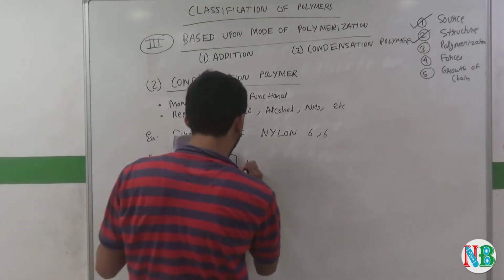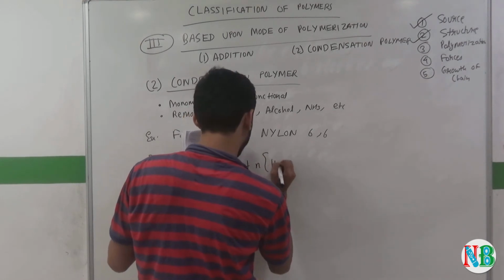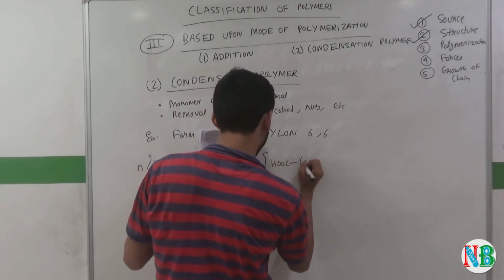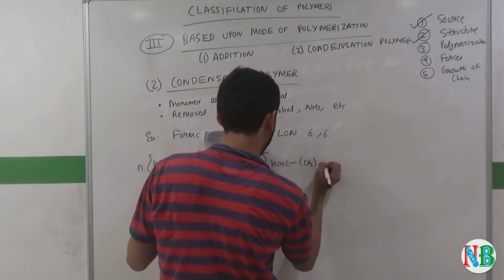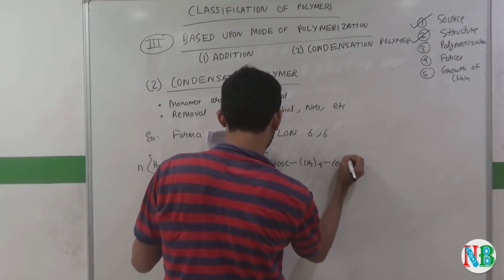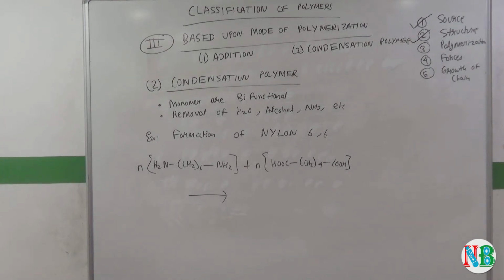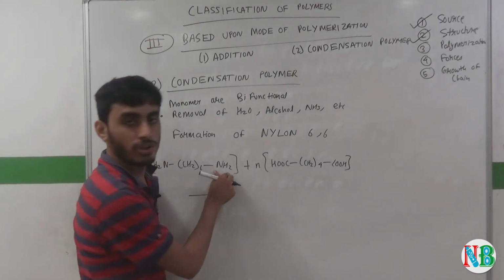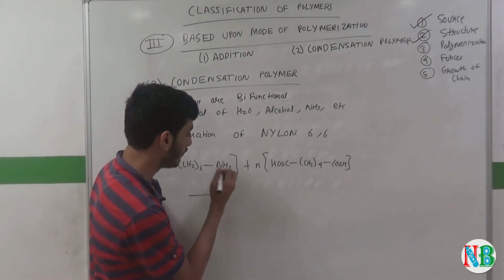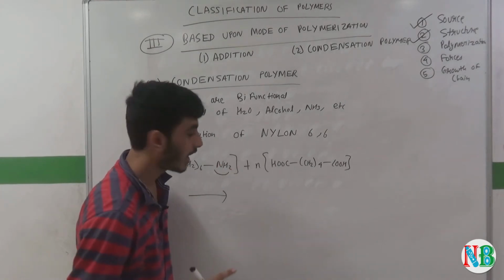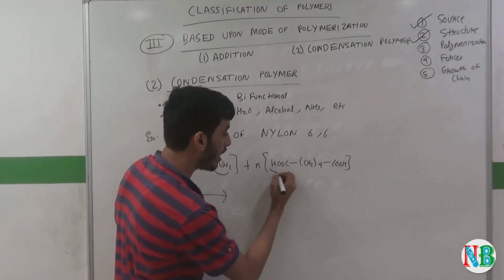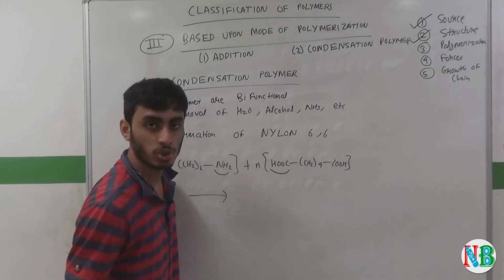The second block is this. The reaction happens in them. In NH2, you have to remove one hydrogen from the amine group. You have to remove an OH group from the acid group.